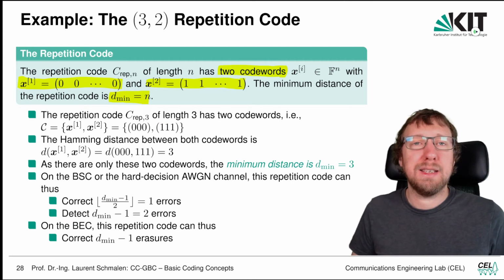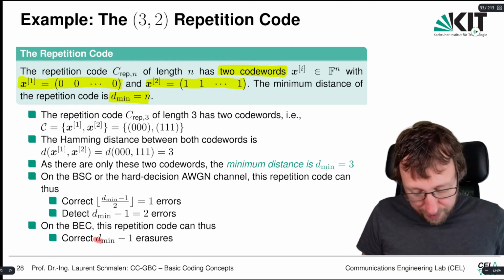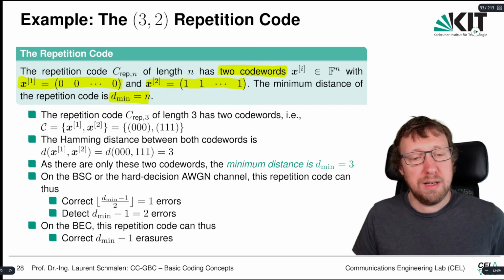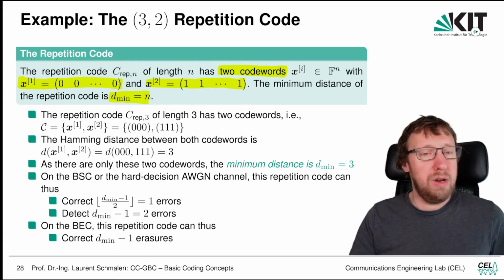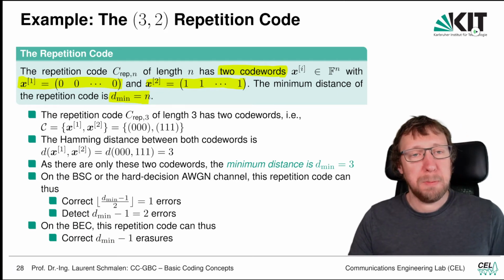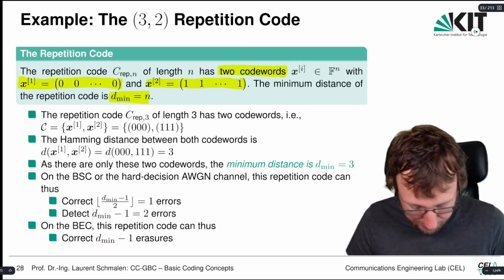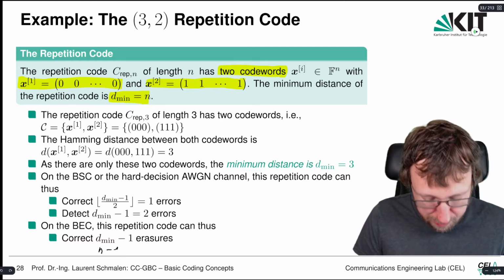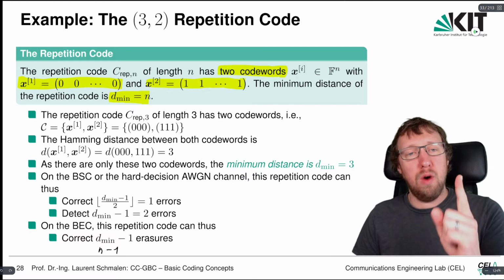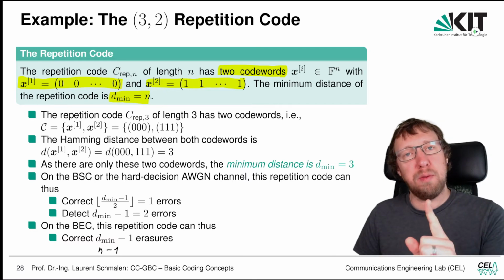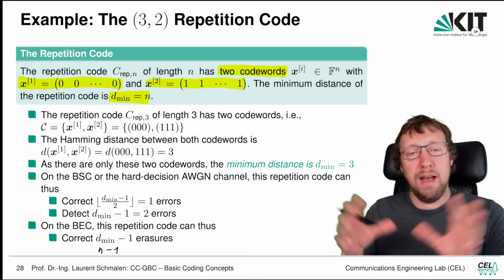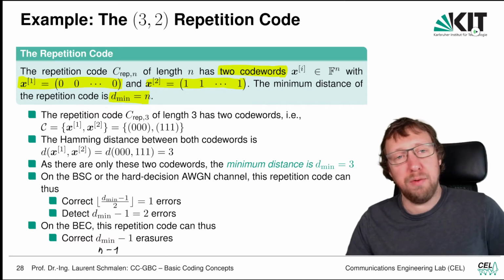So that makes intuitive sense that we can correct d-min minus 1 erasures on the binary erasure channel. Essentially it means that this is equal to n minus 1 erasures. So we just need one bit that we receive from the repetition code on the erasure channel, and everything else follows from this one bit.